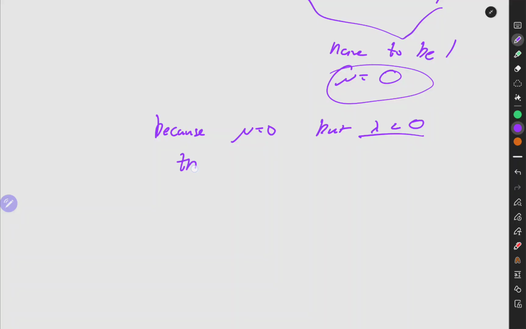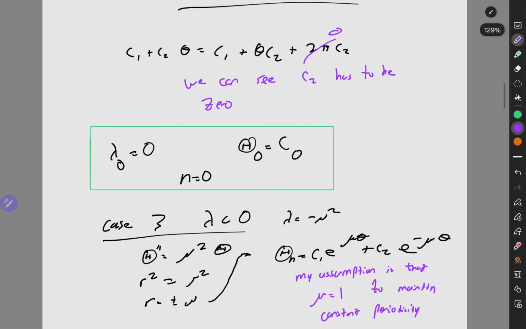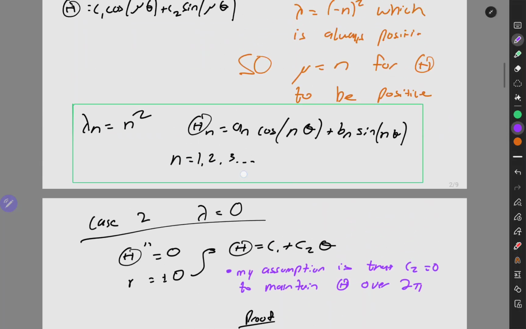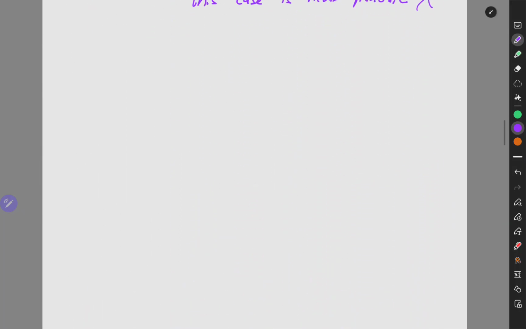This case is never periodic. So this solution does not work. So this led us nowhere. So we have our solution so far. We have the lambda equals 0 case, and we have the lambda equals n squared case. So let's continue on.